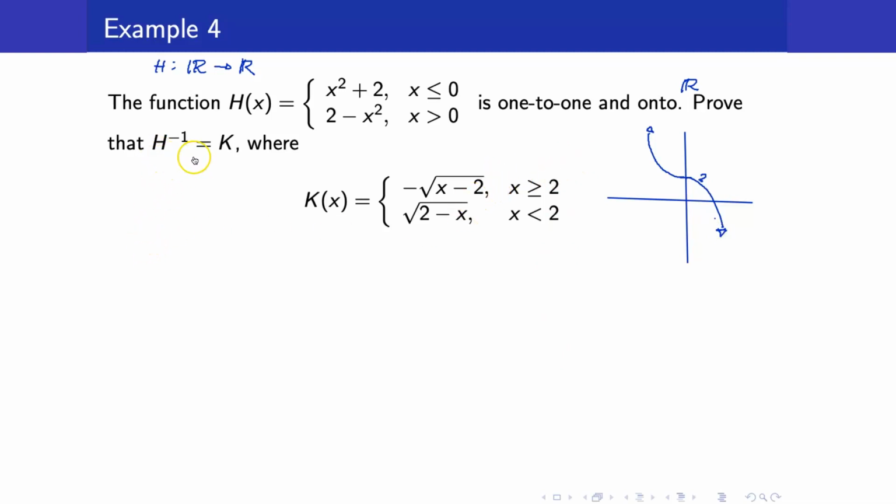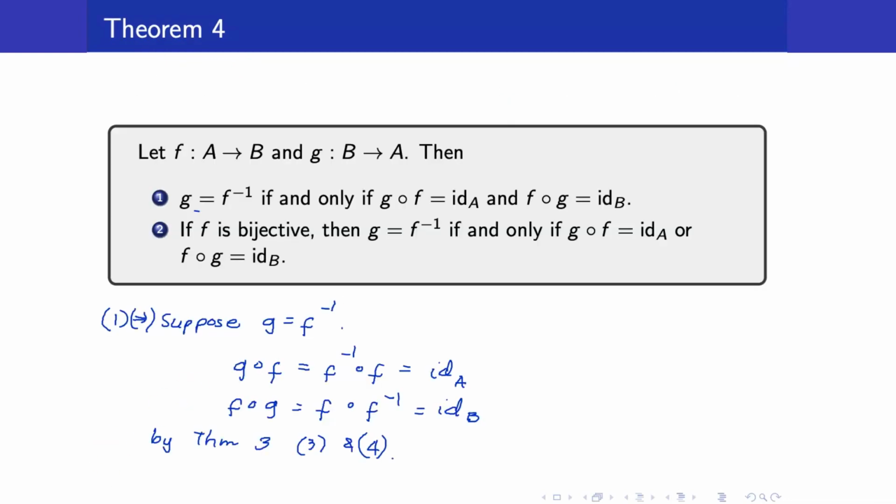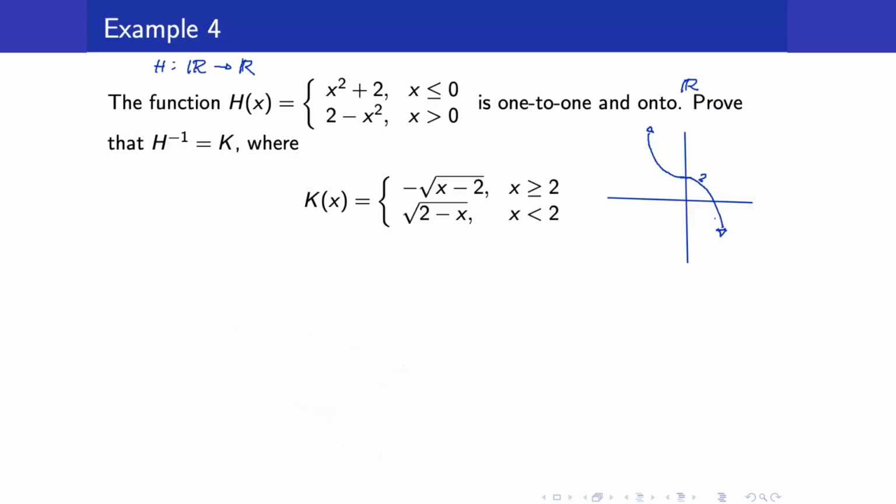Okay, let us prove that h inverse is equal to this function k here. Now, we have already stated here that h is bijective. So, according to our theorem, if the function is already bijective, all you need to do is to show one of these two equalities.